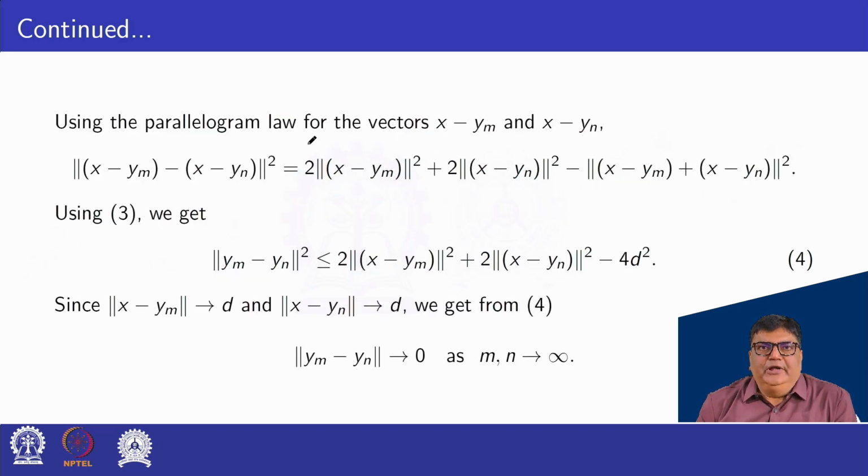So using the parallelogram law for the vectors x−ym and x−yn, norm of (x−ym)−(x−yn) squared is equal to 2 norm of x−ym squared plus 2 norm of x−yn squared minus norm of (x−ym)+(x−yn) squared. Okay, so this is 2x−(ym+yn) squared.